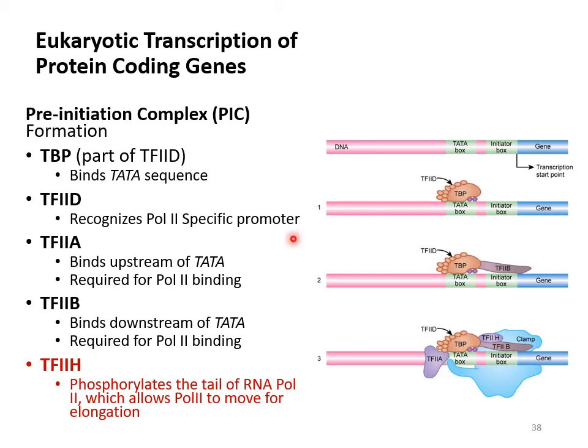So if you visualize this big structure here, and a whole bunch of transcription factors over here as well, what TFIIH does is, if you picture this big blue blob as RNA polymerase, TFIIH will phosphorylate the tail. I'm going to show you on the next slide why that's important.